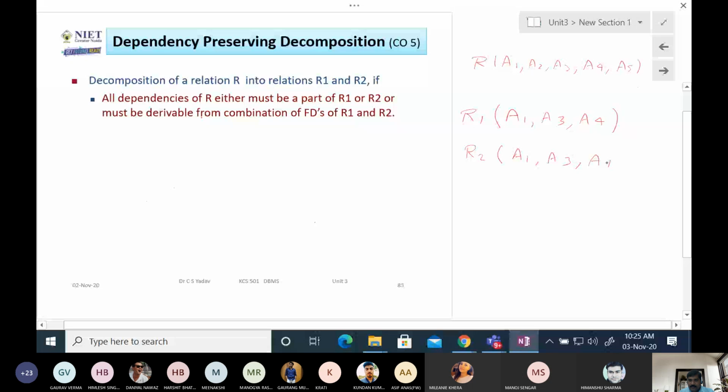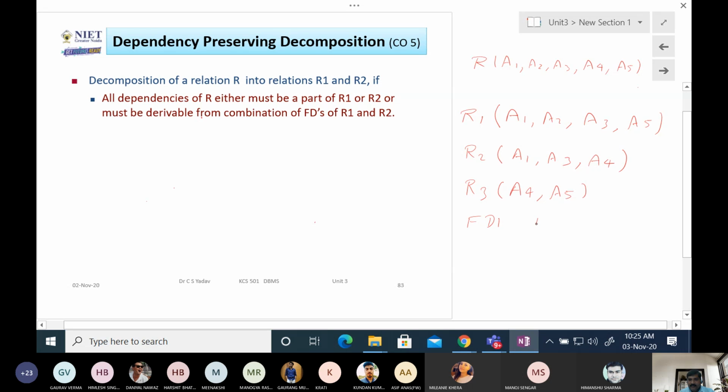Sorry. In R1 we group A1, A2, A3, A5, and in R2 A1, A3, A4, and in R3 we group A4, A5.